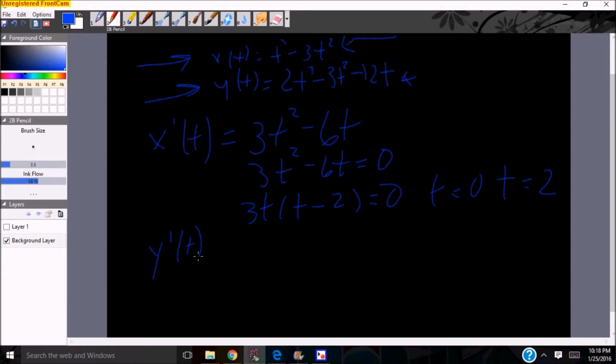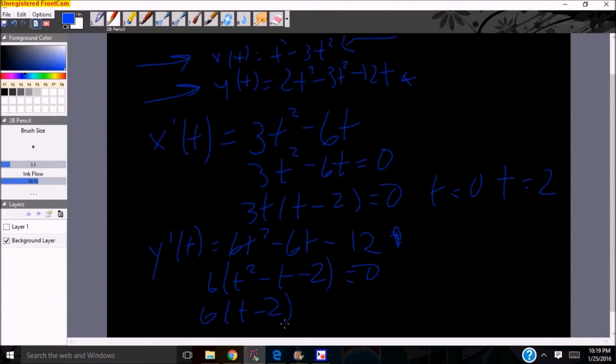Our y prime of t is going to equal 6t squared minus 6t minus, was it minus or plus? I think it was minus 12. So we're going to figure out when this is equal to 0. So t squared minus t minus 2 equals 0, or 6 times t minus 2 and t plus 1, which gives me values of 2 and negative 1.